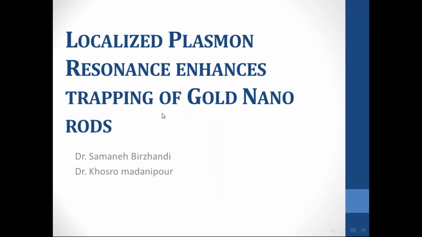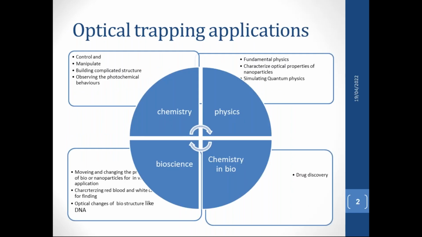In this talk, we are going to talk about how localized plasmon resonance of the trapped Au nanoparticles could enhance its trapping force. This work is done at Amirkabir University of Technology at the Optical Metrology Lab. Optical trapping has several applications in chemistry.